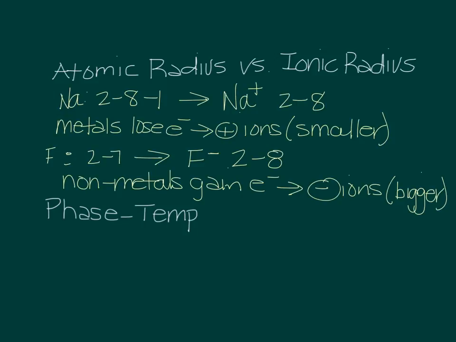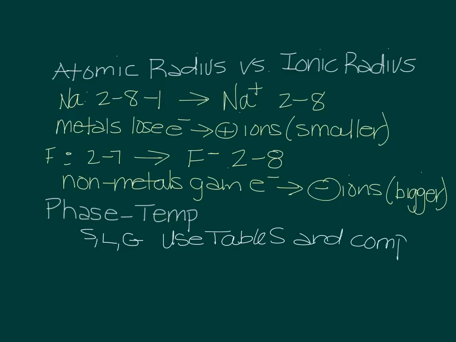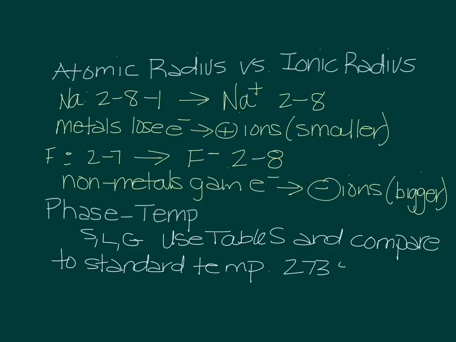And for phase temperature, okay, so we're talking about solid, liquid, gas, you need to use Table S. And compare to standard temperature, which is 273. So if you look at bromine, bromine's melting point is like, I don't know, 266.